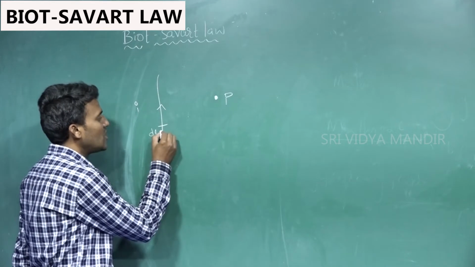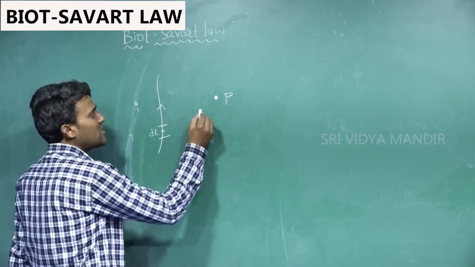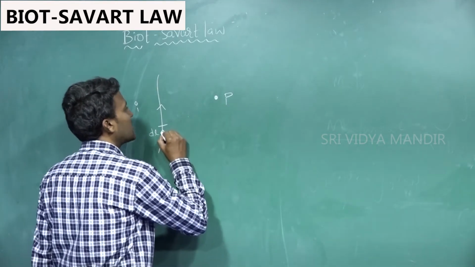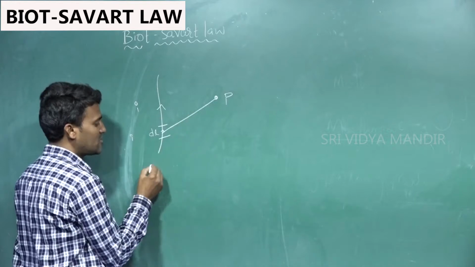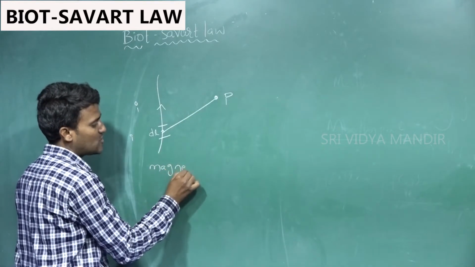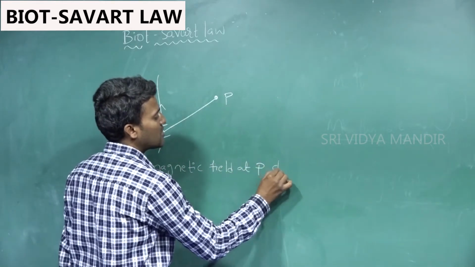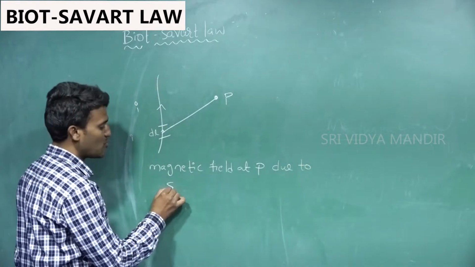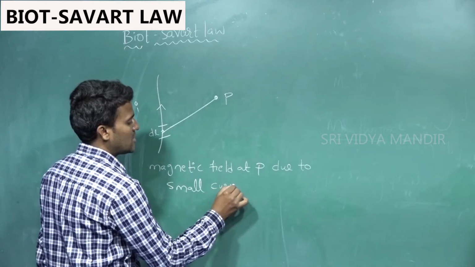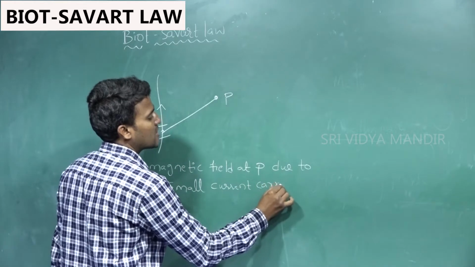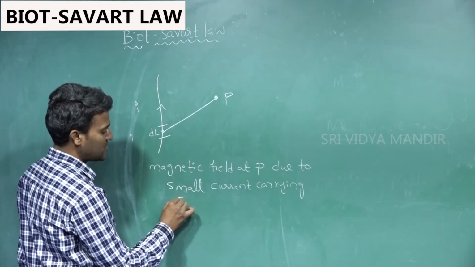In this element also the current is I. We are calculating the magnetic field at point P due to the small current carrying element.